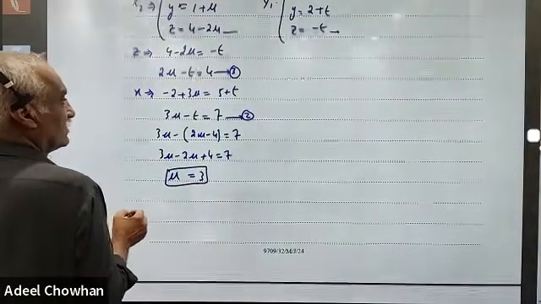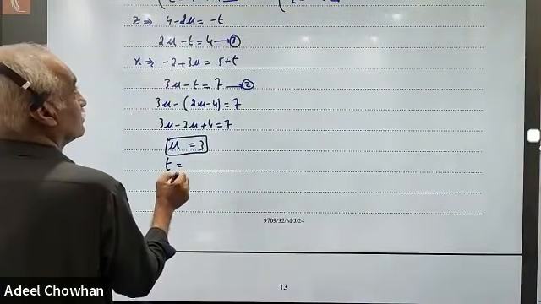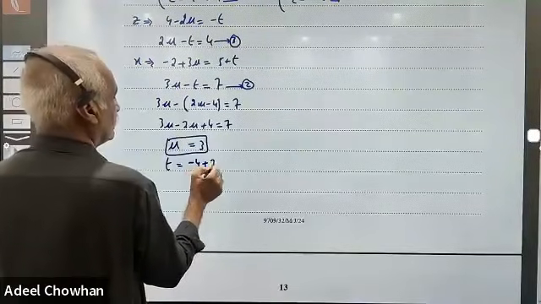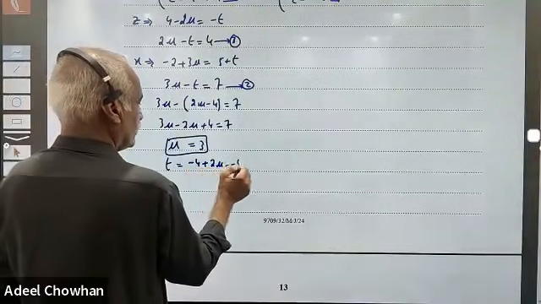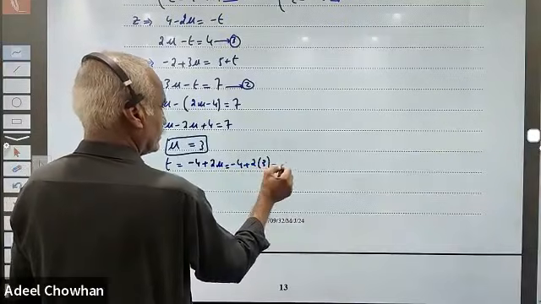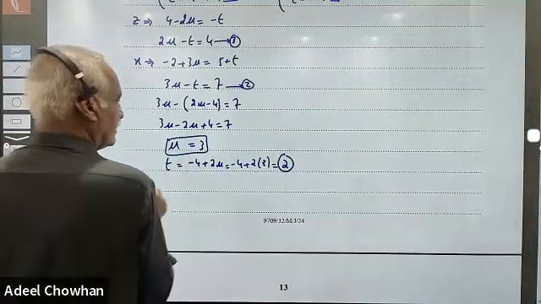So when mu is equal to 3, the t value is equal to minus 4 plus 2 mu, minus 4 plus 2 into 3, 6 minus 4 is 2. So the t value is 2 and mu is 3.